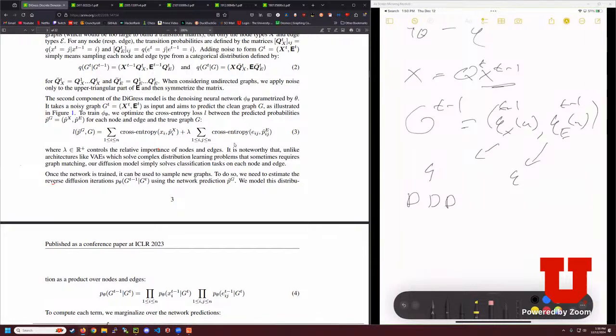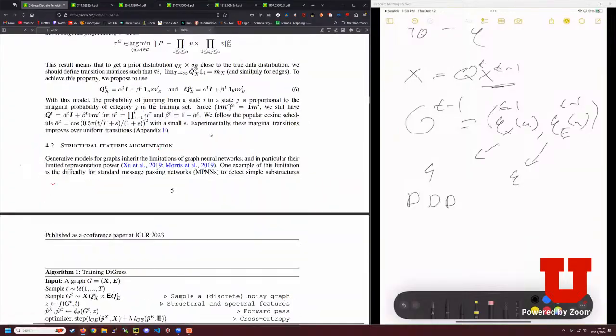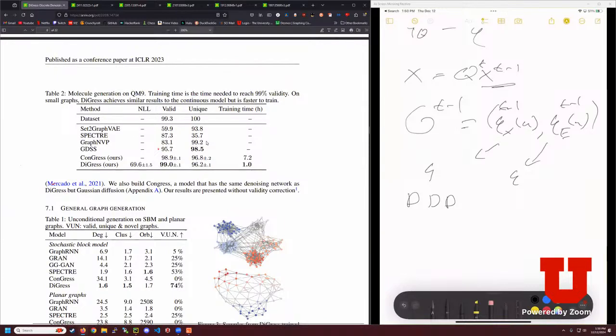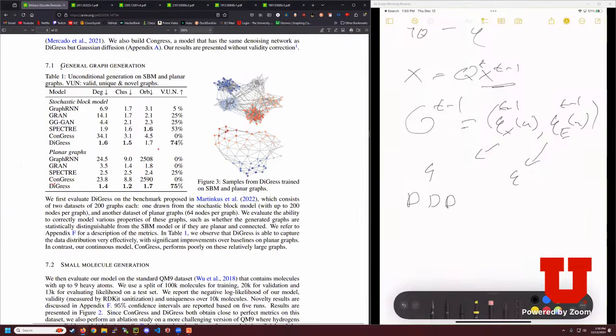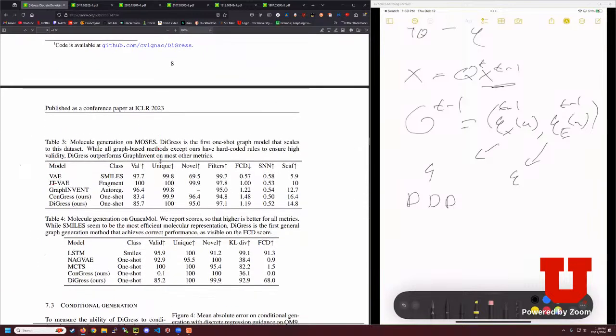Very nice. What's the performance? How do they evaluate their performance? They evaluate mostly on molecule generation and general graph generation. It's a bit weird how they compare it.